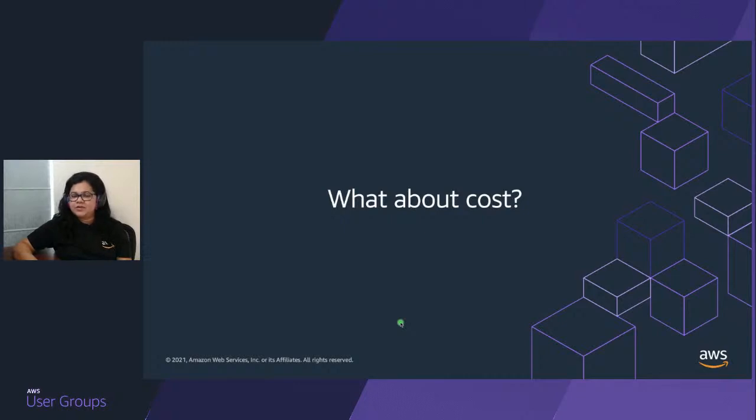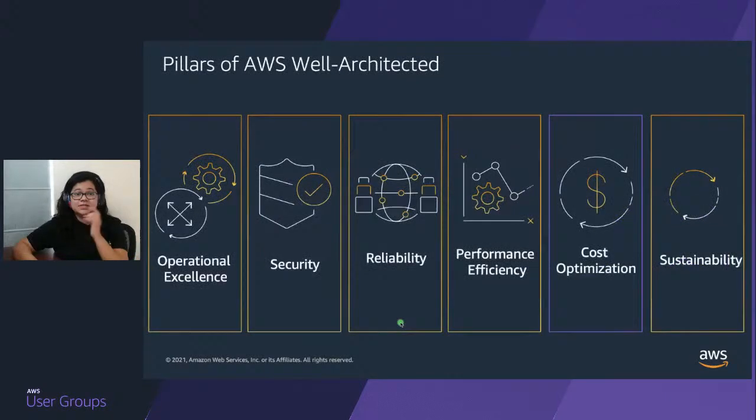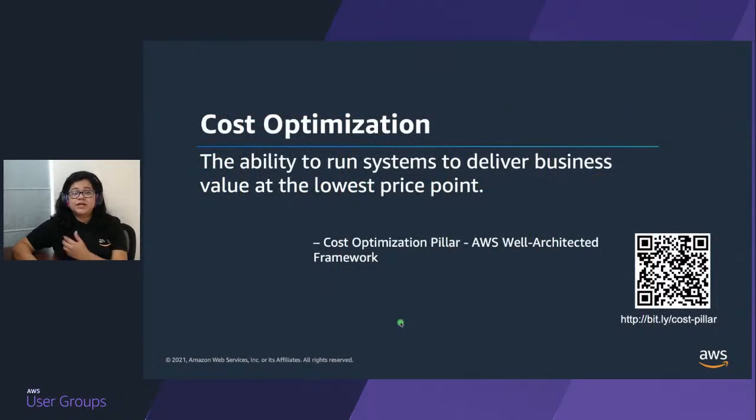Let's talk about a little bit of cost, okay? I want to keep an eye on the time as well, so I'm just going to talk a little bit about cost, because cost is also one of the important factors for the pillar. Here we definitely want to deliver business value.